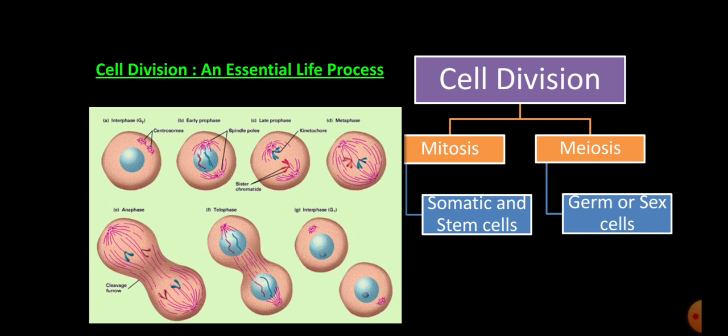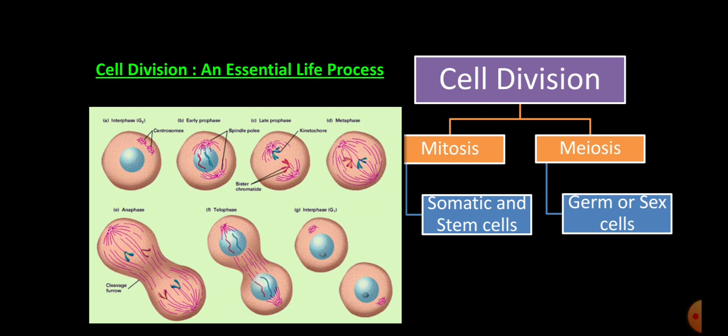They get this half number of chromosomes from the process of meiosis, because in meiosis, when a cell divides into two, the number of chromosomes becomes half. During the formation of gametes, meiosis takes place and the number of chromosomes becomes half, that is haploid.